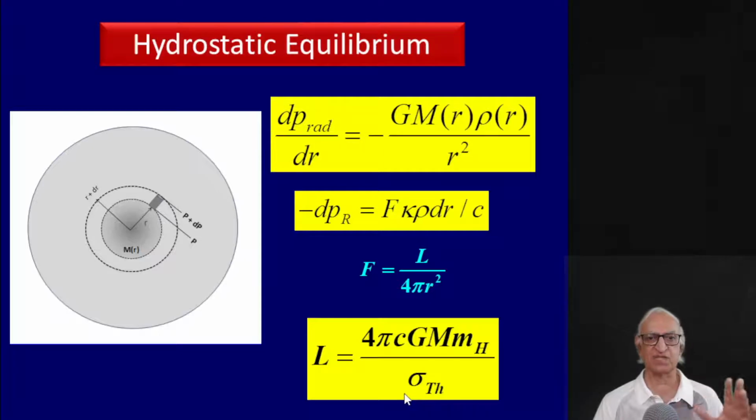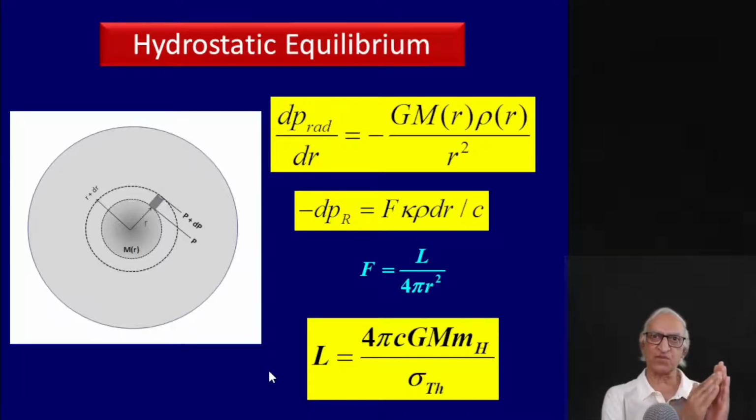Now you'll say this is a complete fraud, because in this expression there is no mass of hydrogen atom and there is no Thomson scattering cross-section. What is there is the opacity kappa. Well, don't be worried. It's the same thing. I haven't committed any fraud.